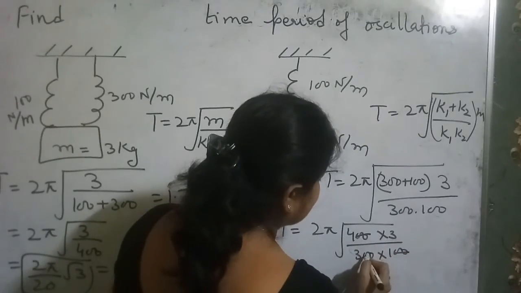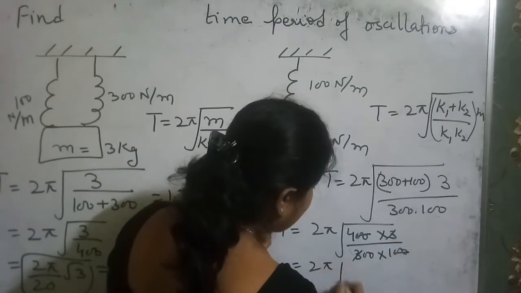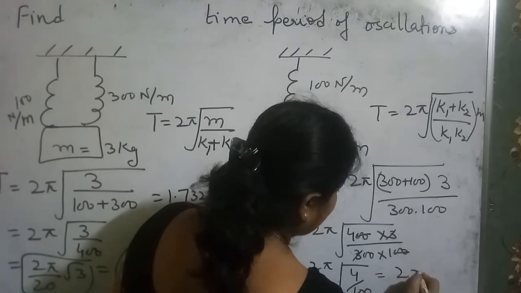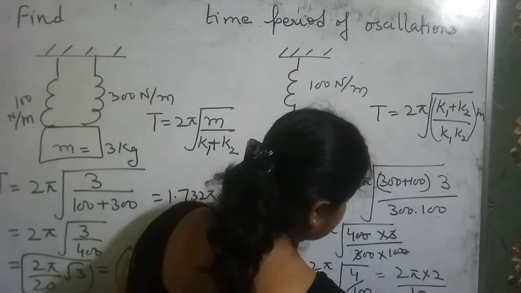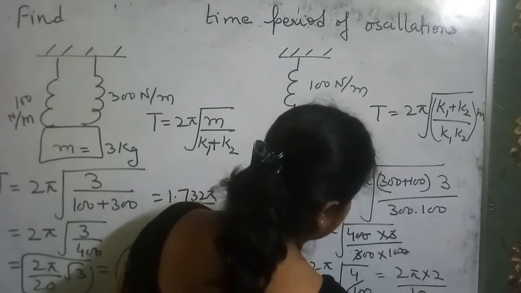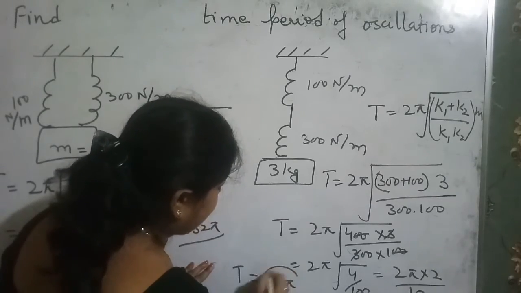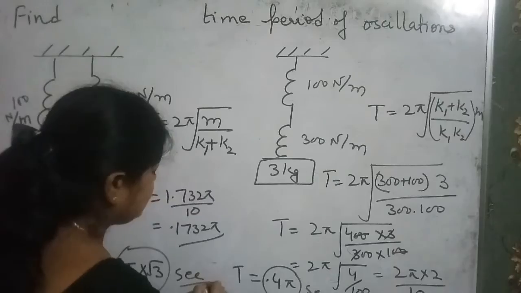They are getting cancelled. Ultimately we have 2 pi under root 4 over 100, that is 2 pi into 2 over 10, that is 4 pi over 10, or time period is equal to 0.4 pi seconds. The unit of time period is seconds.